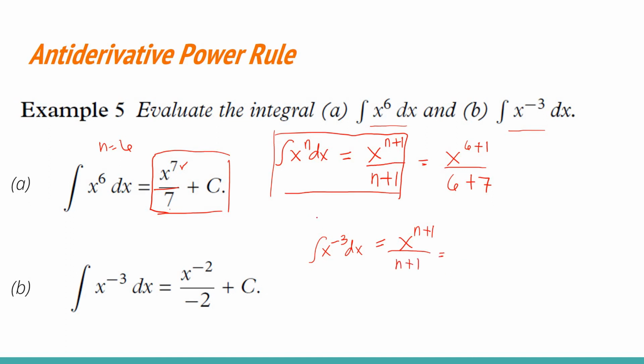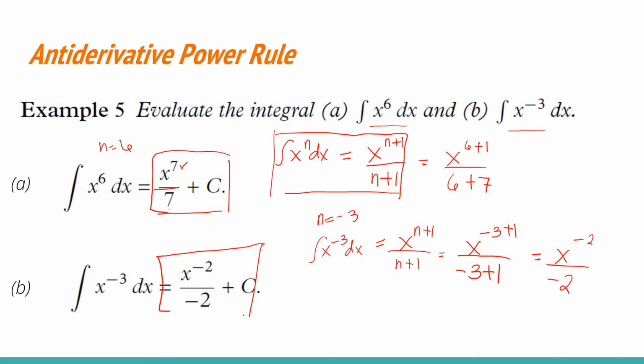But the n here is negative 3. So x raised to the power of negative 3 plus 1 divided by negative 3 plus 1. So that's why it becomes x raised to the power of negative 2 divided by negative 2, and then plus c. So this is the answer.